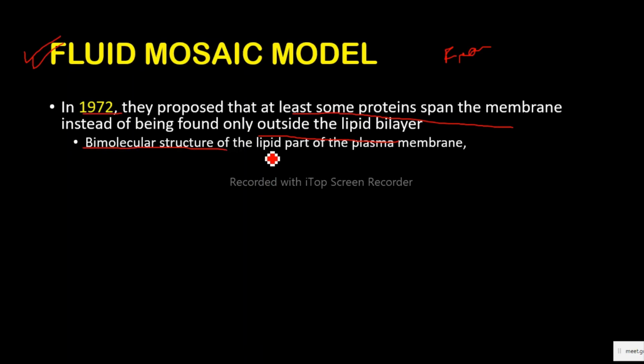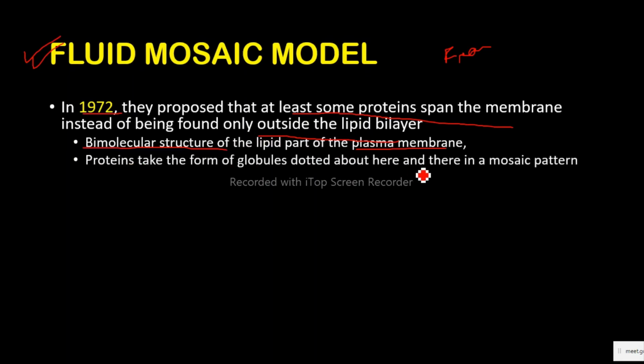So the lipid part of the plasma membrane is made up of a bimolecular structure of phospholipids. And we are going to see those phospholipids. You have nothing to worry about. Then the proteins take the form of globules dotted about here and there in a mosaic pattern.